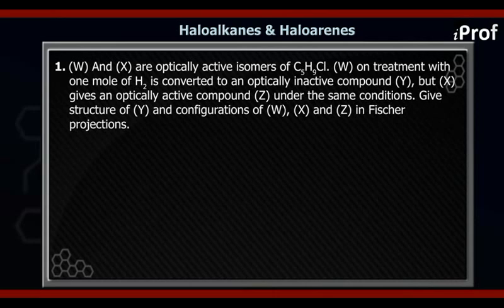W on treatment with 1 mole of hydrogen is converted into an optically inactive compound Y, but X gives an optically active compound Z under the same conditions. Give structure of W, X, Y and Z.